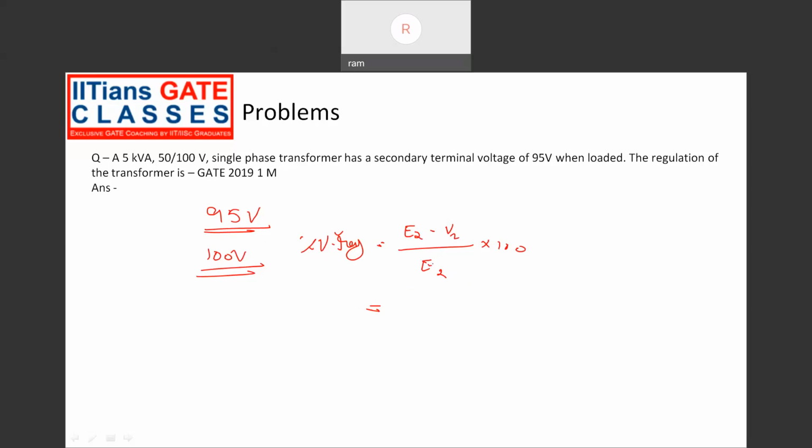So E2 is the no load voltage, that is (100 minus 95) by 100 into 100. So percentage voltage regulation equals 5 percent.